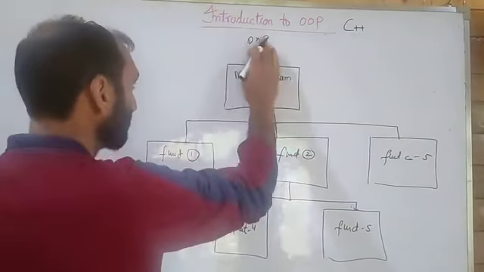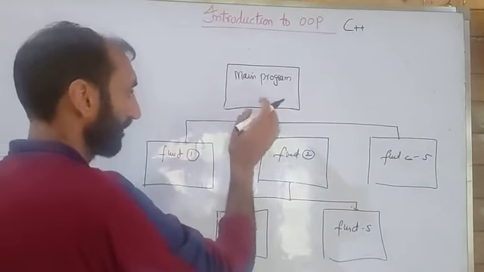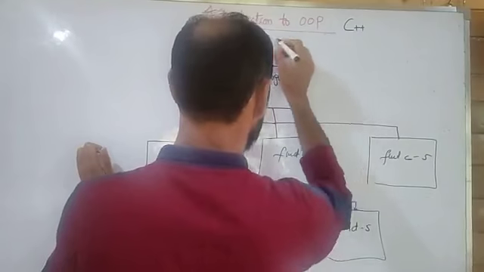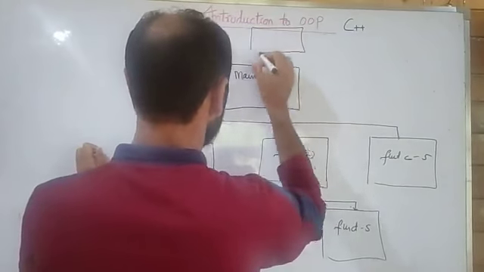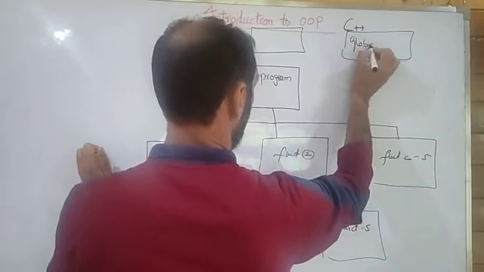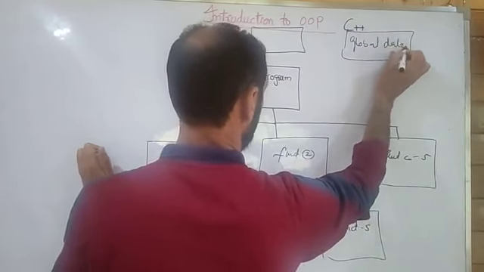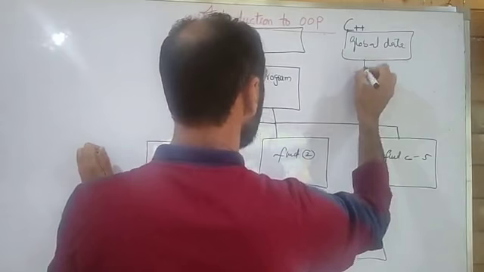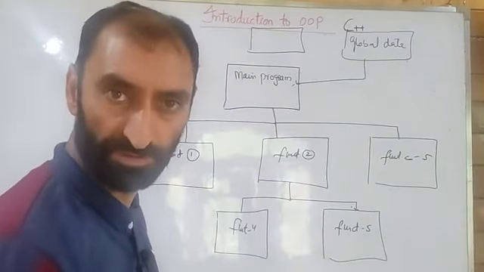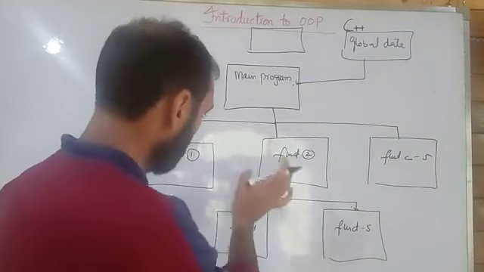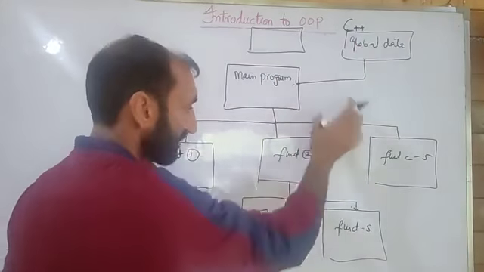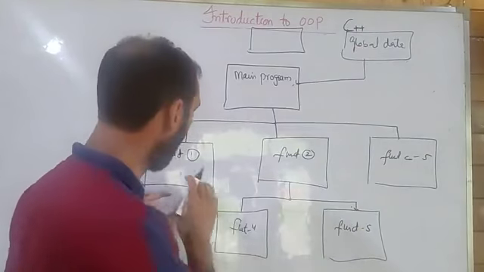And in this type of programming, there is global data. This global data is going to be shared by all the functions of this program. In procedural oriented programming, the global data is shared by all the functions.